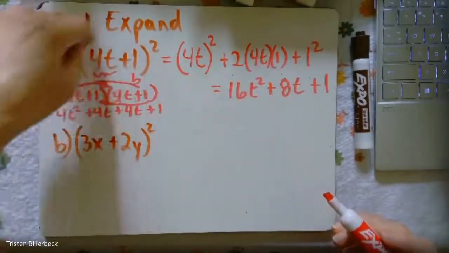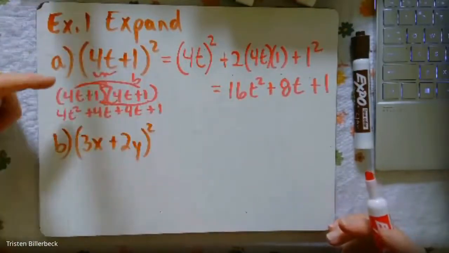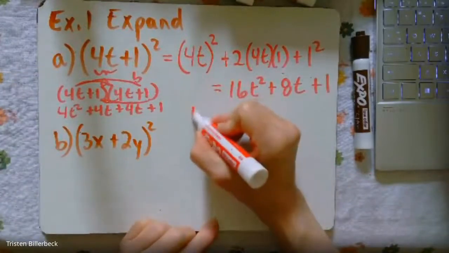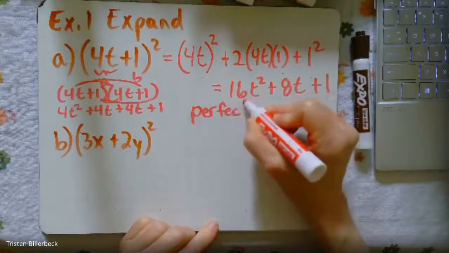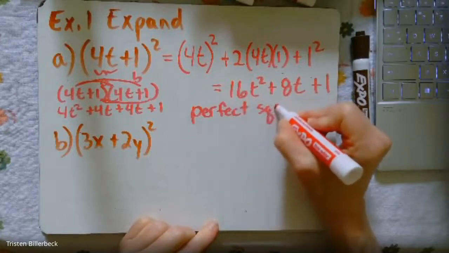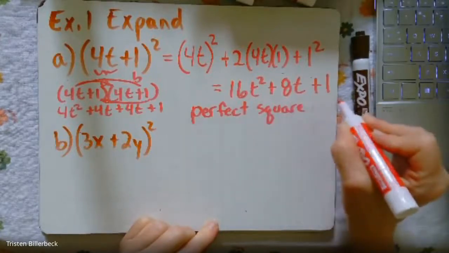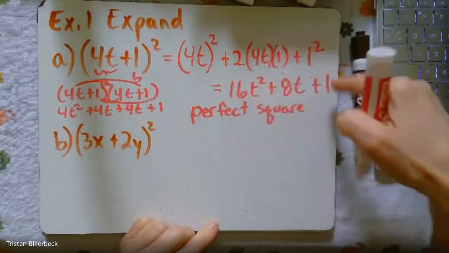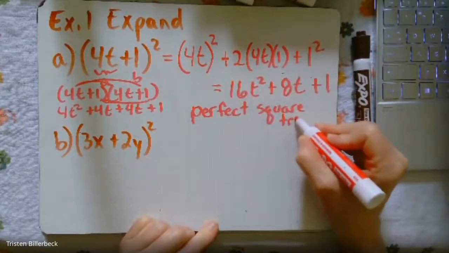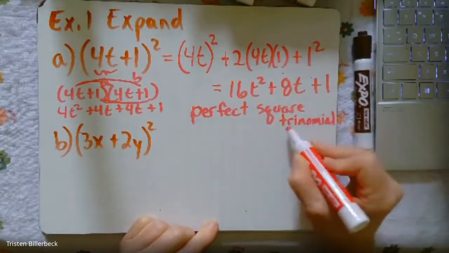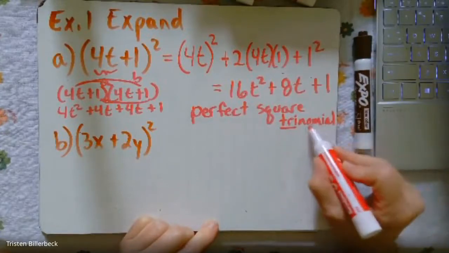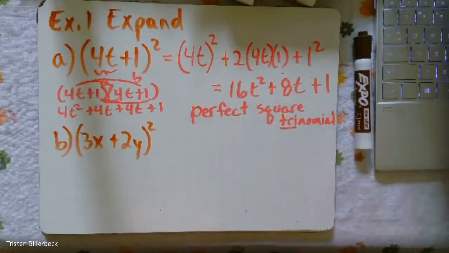So this works in a perfect square trinomial. That's the name for what we end up with here. Trinomial means 3 numbers: tri means 3, nomial means numbers.